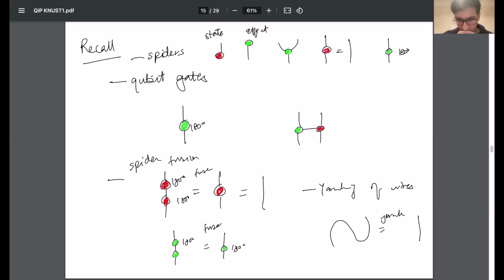I hope you have also seen spiders in the previous lectures. Please, can you confirm you have seen spiders? Yes, please. Perfect. Right. So spiders are very general kinds of diagrams that you can use to represent quantum states, quantum effects, unitaries.